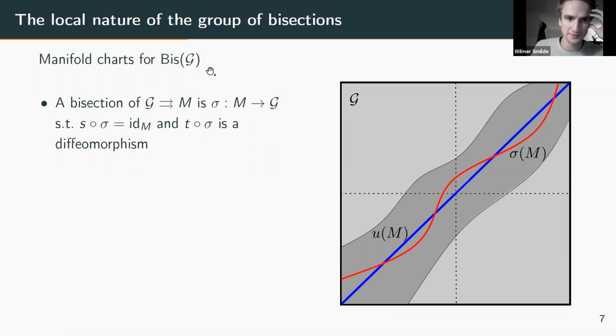And indeed, if you want to construct charts for this one, it goes in a very similar way. So what is exactly a bisection? If you have a groupoid G with a source and target map denoted by S and T, then a bisection is just a section of the source map, such that if you compose it with the target map, you get a diffeomorphism.